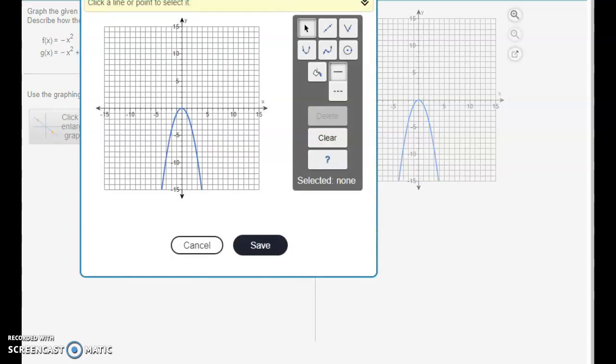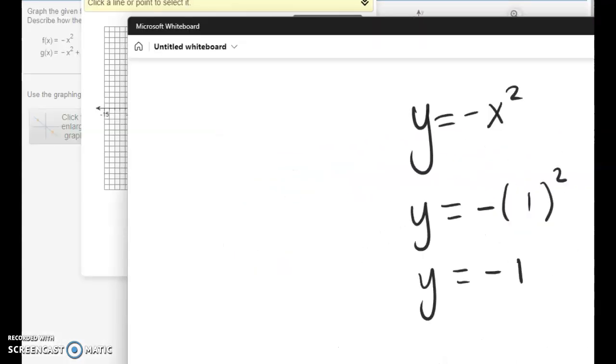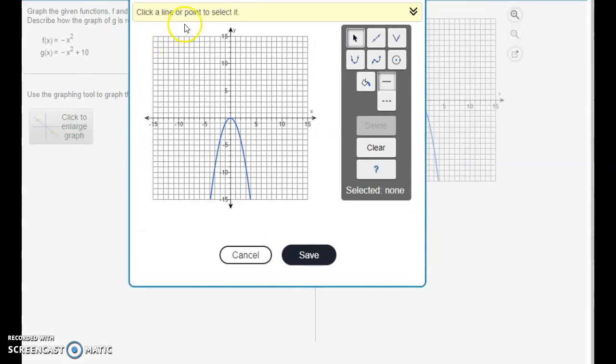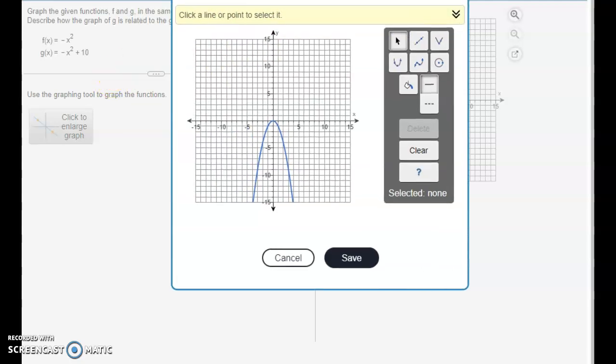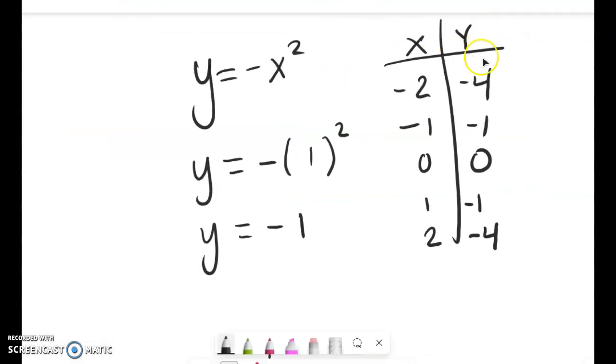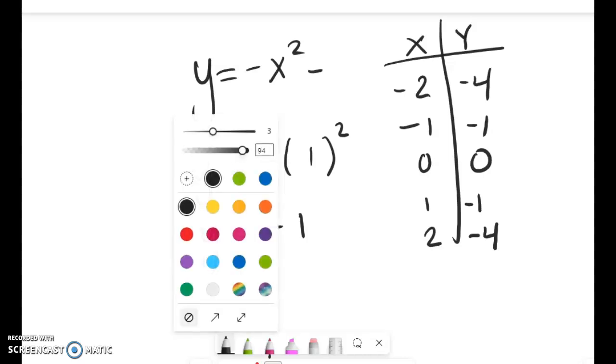Now I'm not done here because I have to do both. So let's go back to it, and let's do the other one. It says plus 10.